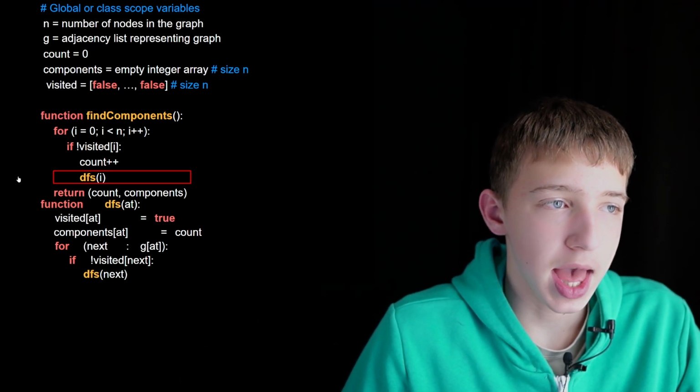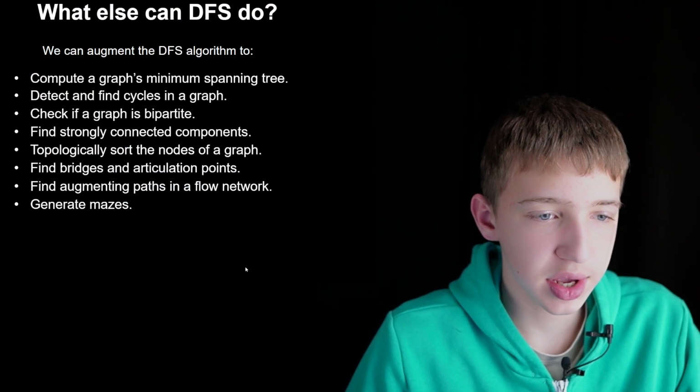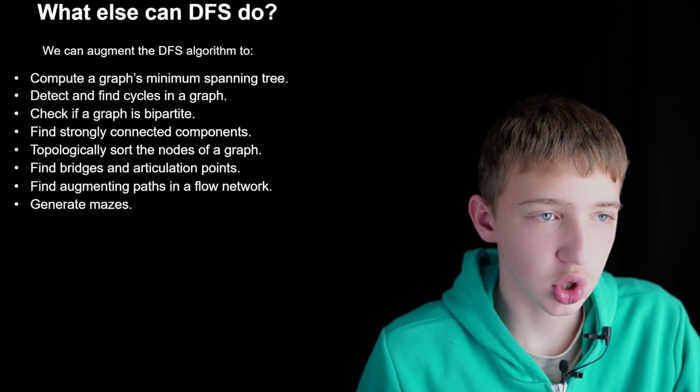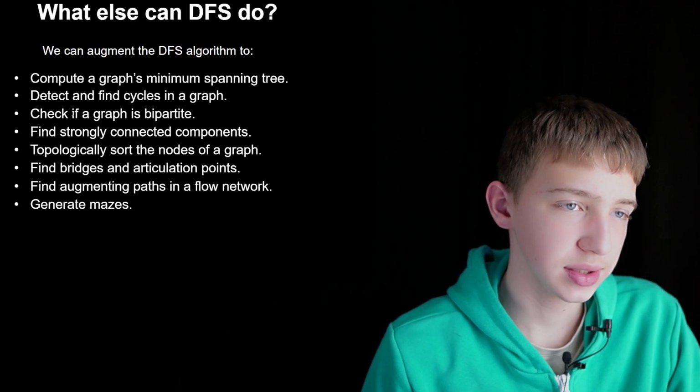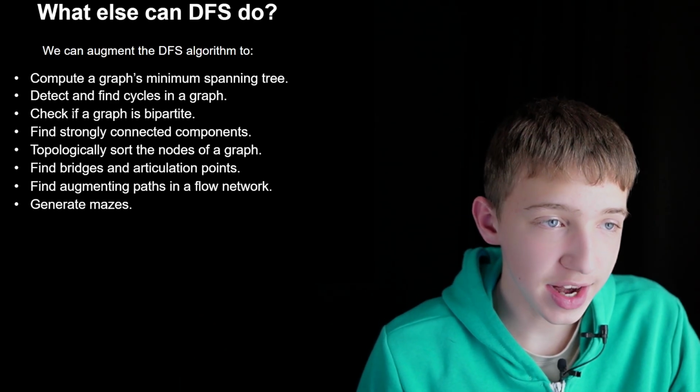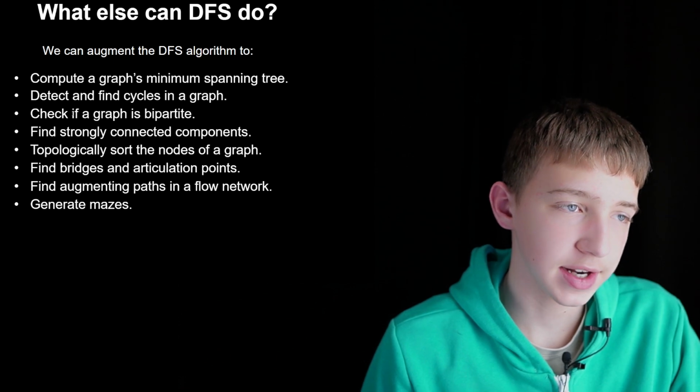All right, and another thing I wanted to talk about today is what else DFS can do. We've covered two things it can do: just traverse a graph, and also find and count connected components.